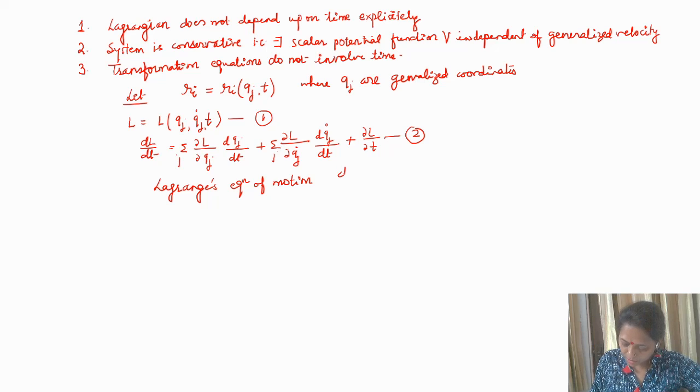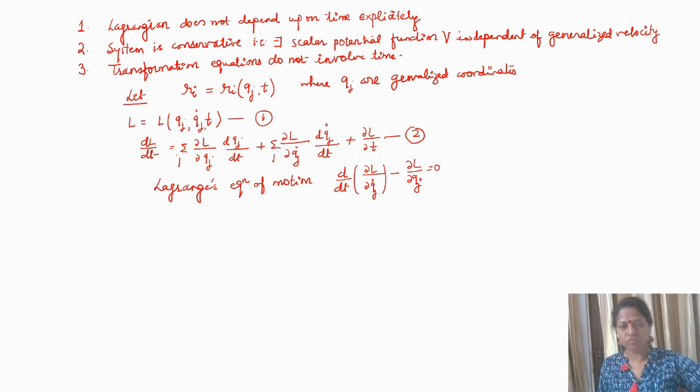This is the derivative of delta L by delta Qj dot minus delta L by delta Qj is 0, or d/dt of delta L by delta Qj dot is delta L by delta Qj.